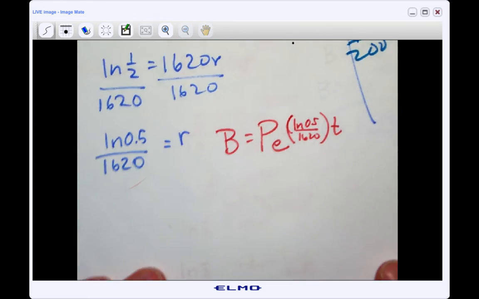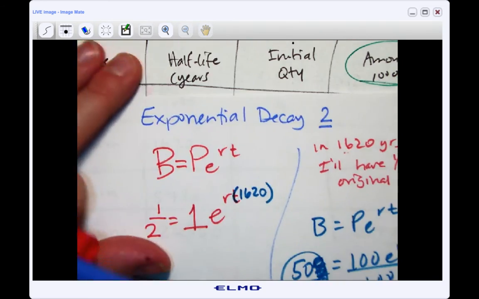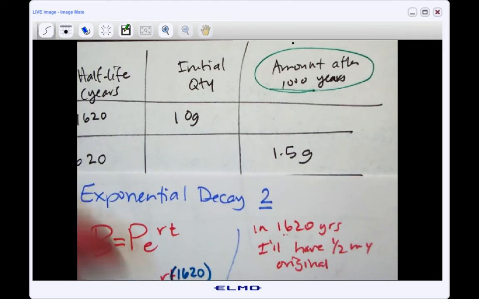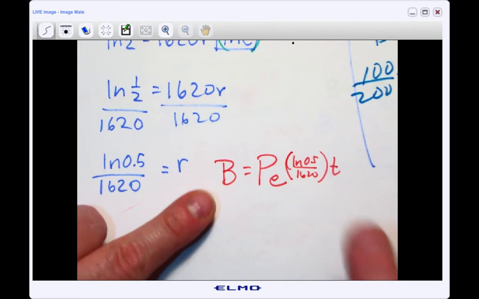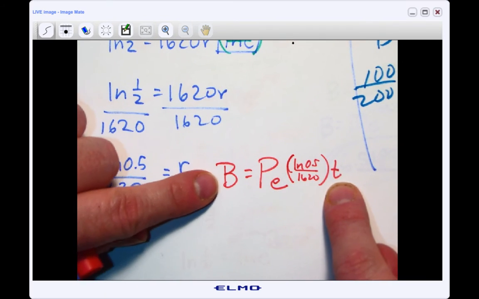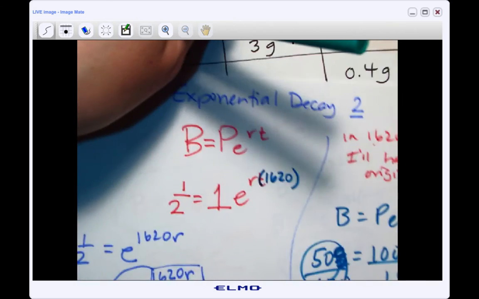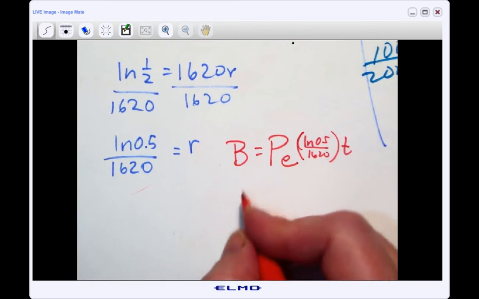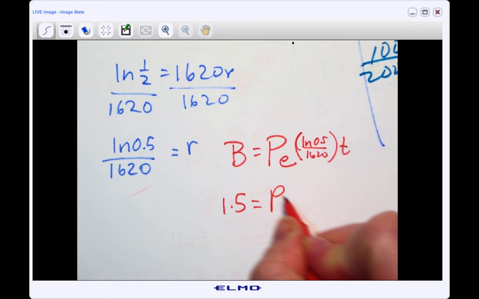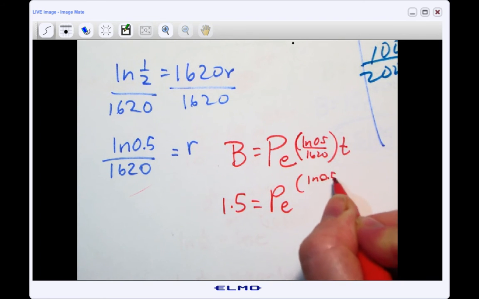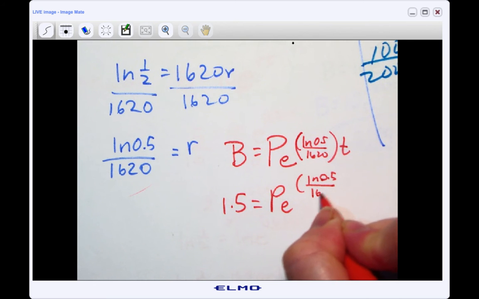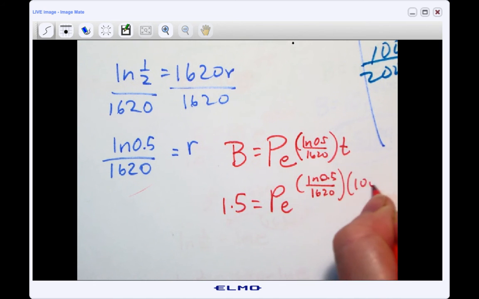Now, I'm going to get the time from my original question, because it says after 1,000 years, this is how much I'll have. So what two things can I fill in here now? I know that it's 1,000 years and I will have 1.5 grams. So this will be 1.5 equals P times e to the ln 0.5 over 1620 times 1,000.